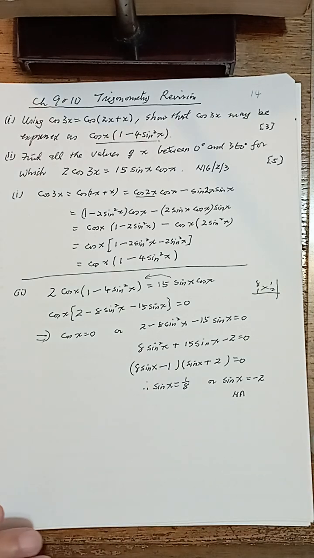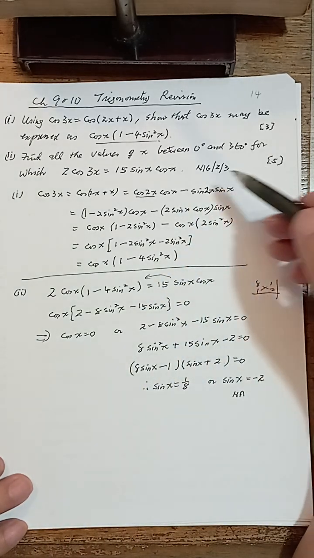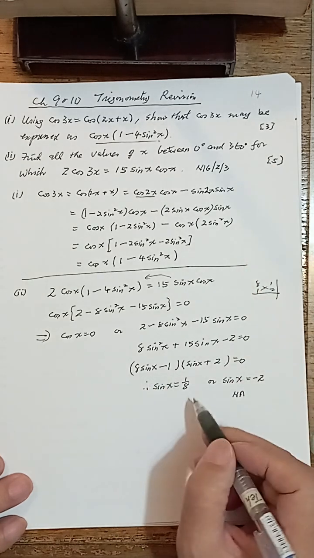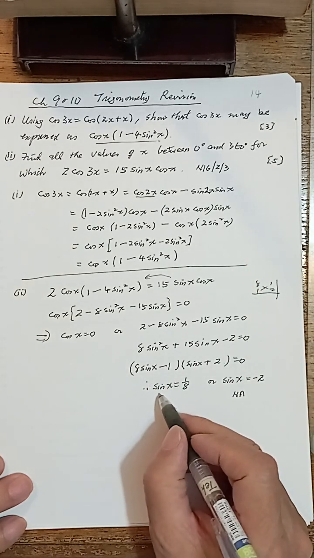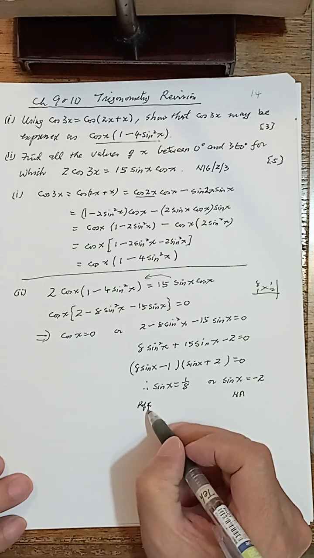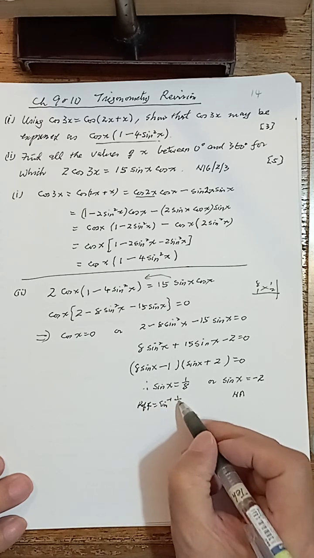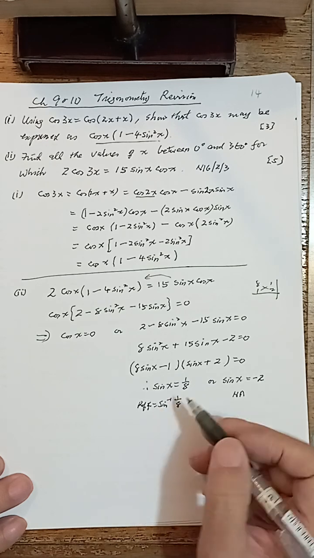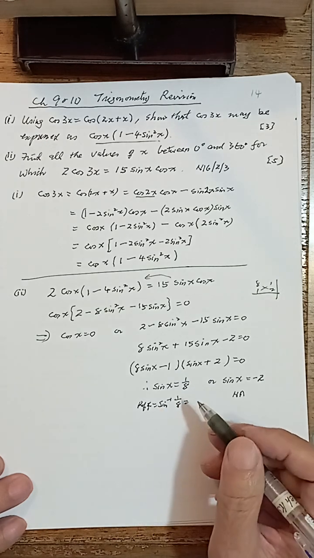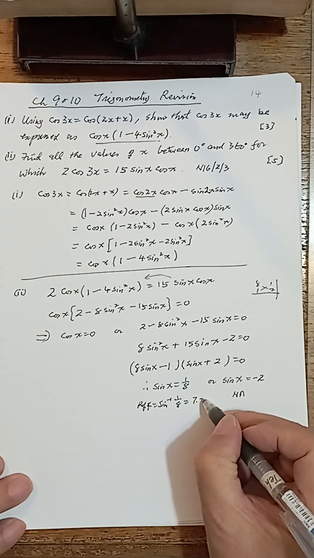And for this question here, we have to find the angle between 0 and 360. Sine x is positive. So we will find out the reference angle first. Reference angle will be inverse sine 1 over 8. Use your calculator and I think you will get 7.2 degrees.